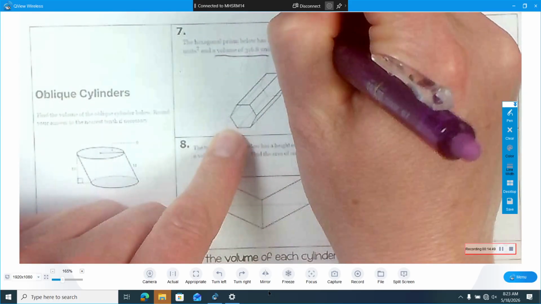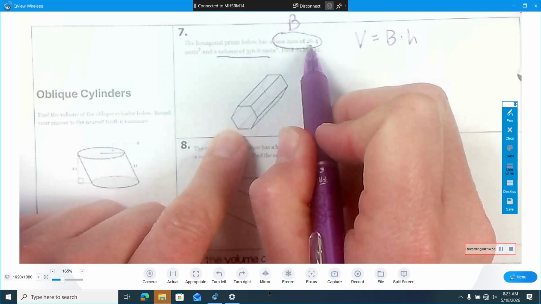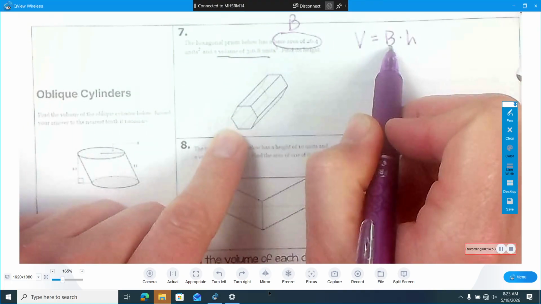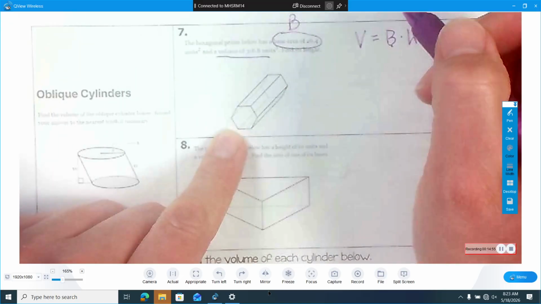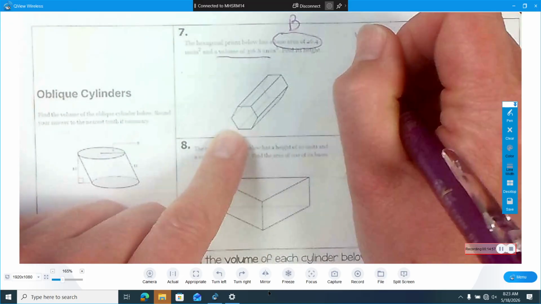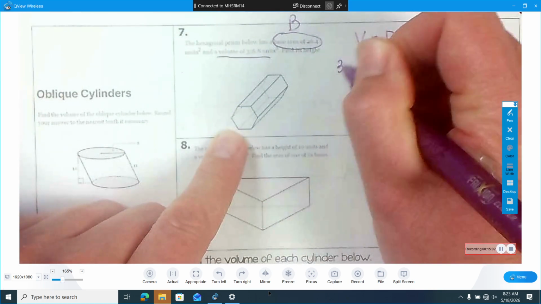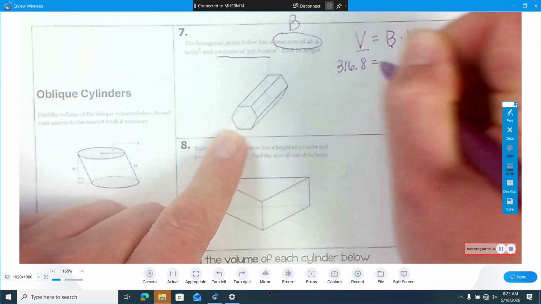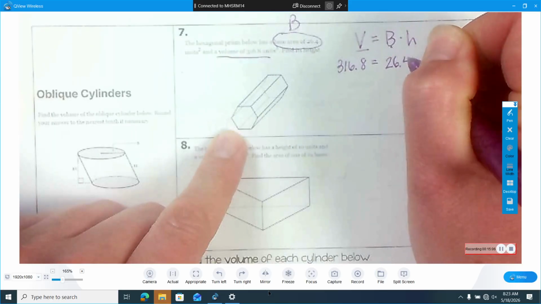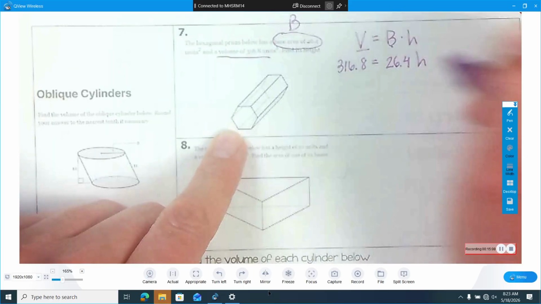And they told us the base area is 26.4, so that's going to go in for the base area. The volume is 316.8, so we're going to put that in for volume, and that's going to allow us to solve for height. So 316.8 equals 26.4 in place of that base area times the height.